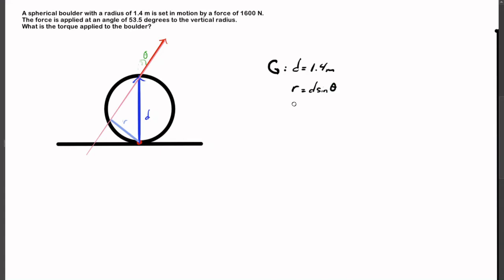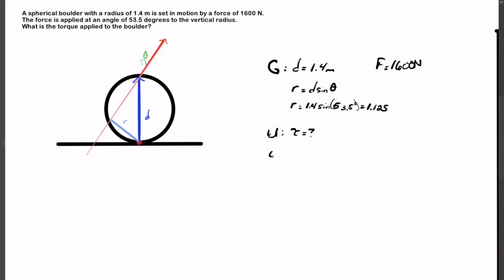And so we can say r equals 1.4 times the sine of 53.5 degrees. And so when we do that math, we get 1.125, et cetera, et cetera. Okay, we also know the force. The force on this boulder is 1,600 newtons. All right, so our unknown is what's the torque?